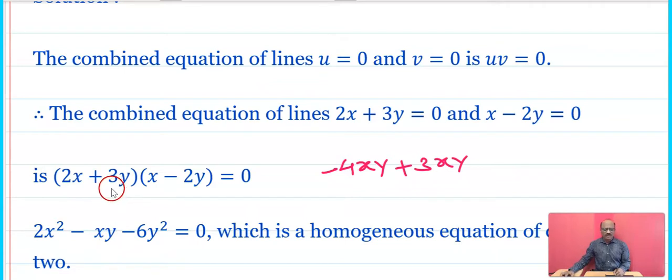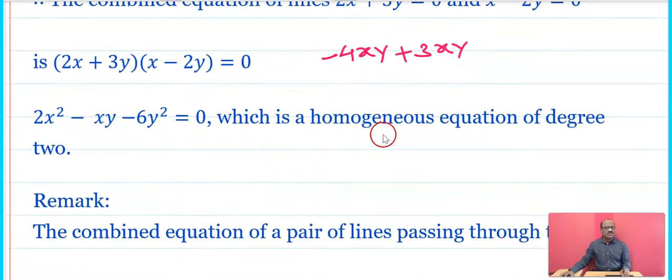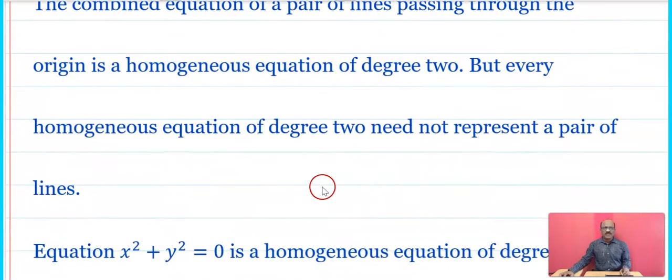Again the product of plus 3y and minus 2y, you will get minus 6y square, which is a homogeneous equation of degree 2. Remark: the combined equation of a pair of lines passing through the origin is a homogeneous equation of degree 2. But every homogeneous equation of degree 2 need not represent a pair of lines.